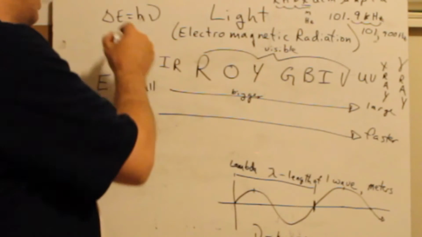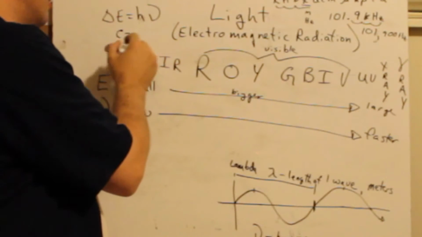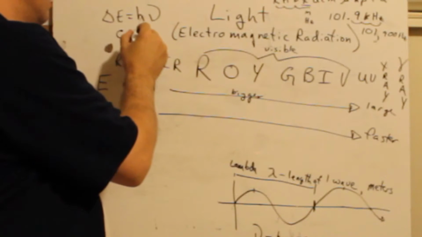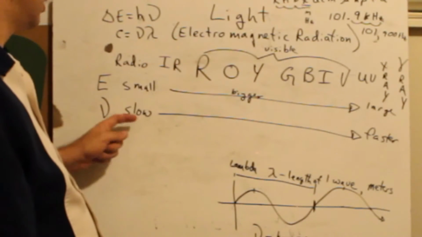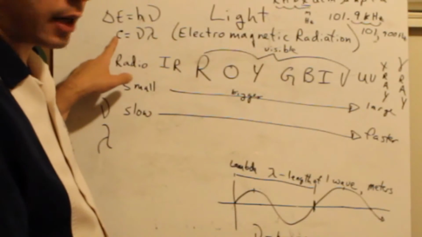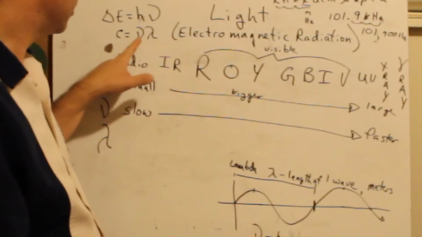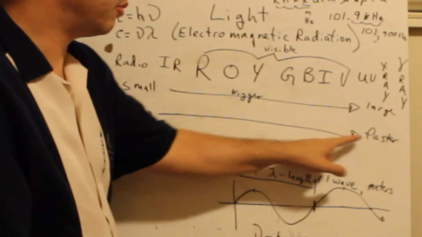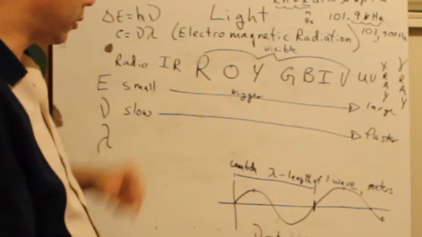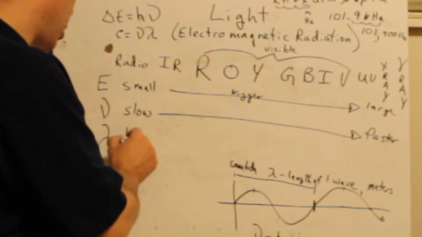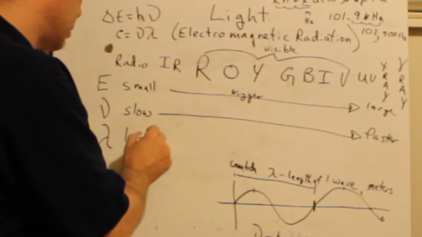Wavelength. We haven't learned this equation yet, but the speed of light equals frequency times wavelength. If the speed of light never changes, and this one's getting bigger, then what does this one have to do? This one has to get smaller. So this one has large distances.